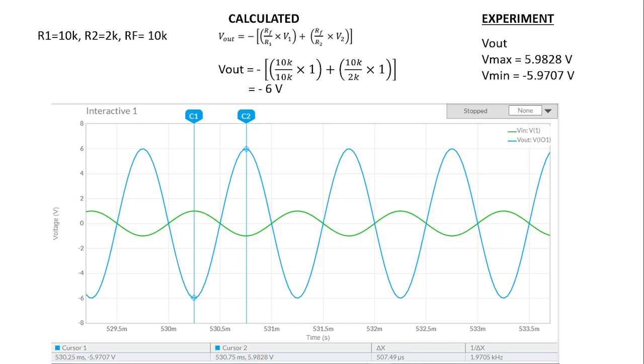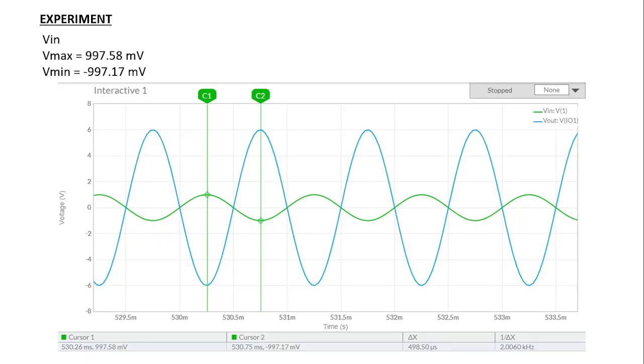As we can see at the graph, C1 is V min and C2 is V max. This is the graph for V in. So V max is C1 and V min is C2.